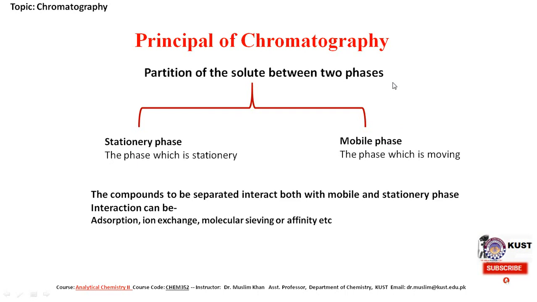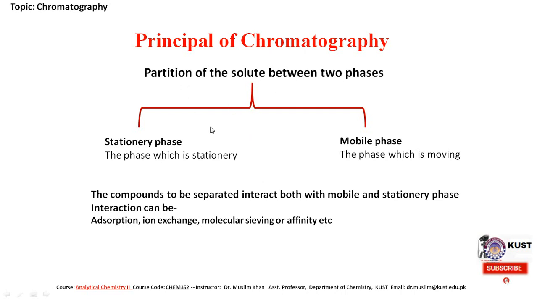The components develop interaction with the mobile phase as well as with the stationary phase. The interactions of these components with the mobile phase and stationary phase are different. So on the basis of this, they are separated from each other.